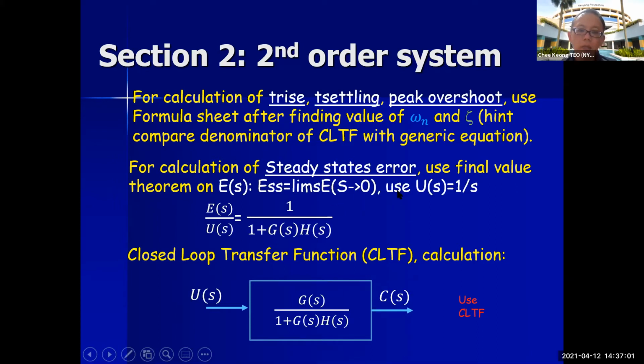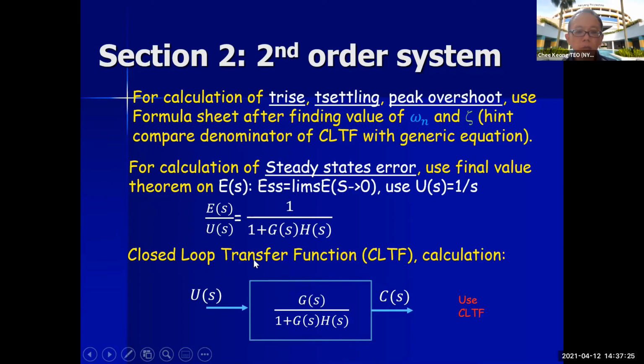You will also use U of s as a unit step function. If you try to solve it, you'll realize that most of the time for steady state error, E of s divided by the input, you will get 1 over 1 plus G of s H of s.